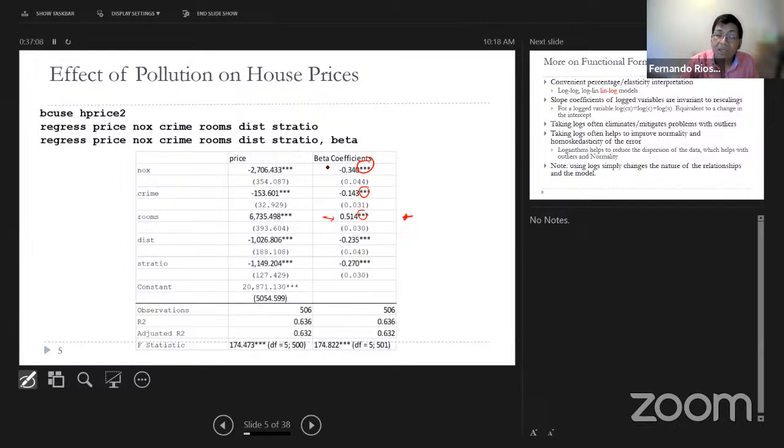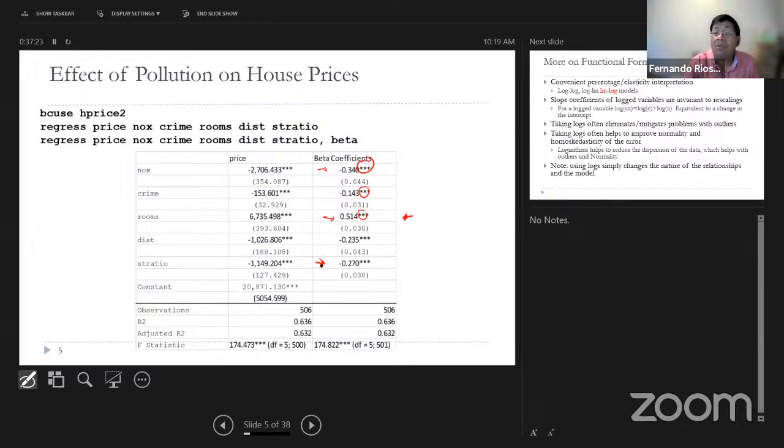Followed by rooms would be pollution, so that's the second thing that according to this model, people might be considering when deciding to buy a house. Followed by the student-teacher ratio.